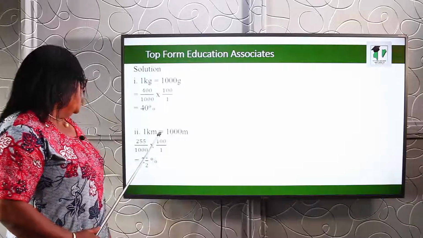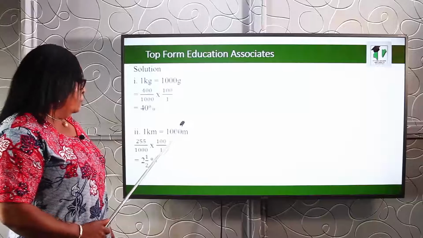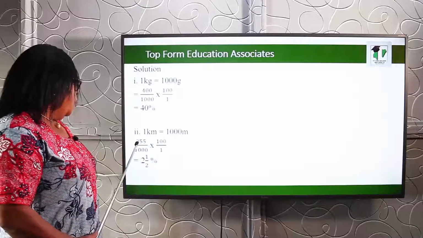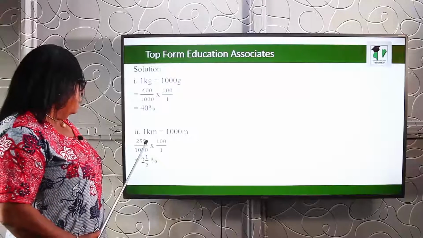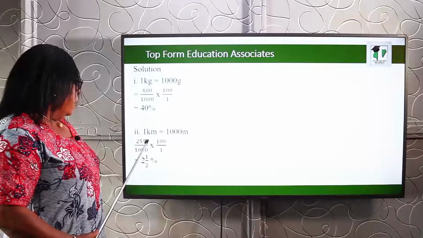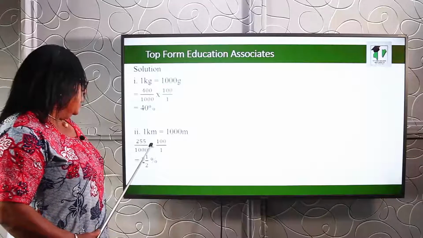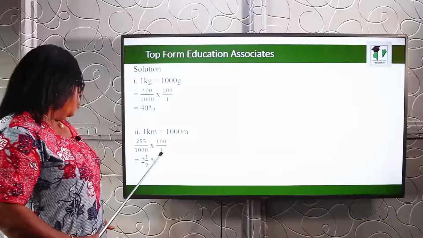Question number 2. 1 kilometer is equal to 1,000 meters. So, to express 25 meters as a percentage of 1,000 meters, which is equal to 1 kilometer, multiply by 100.